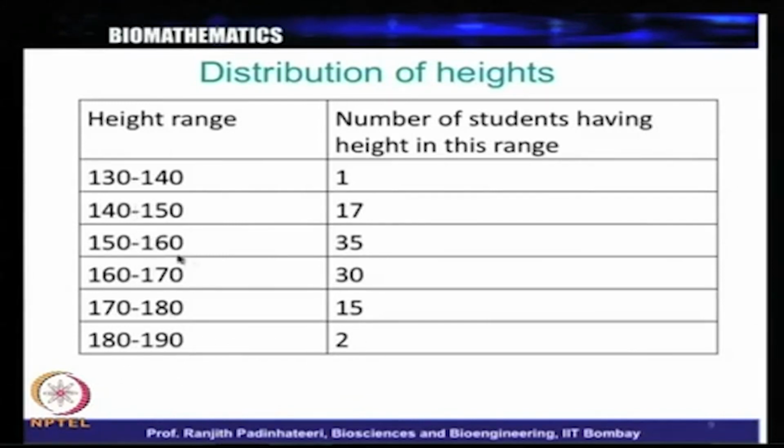So a large number of students are in the middle, and a few students are very short or very tall. Very tall students only 2, very short only 1 student, and all else somewhere in the middle. This is the typical data that you expect.